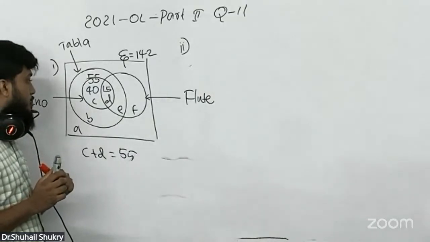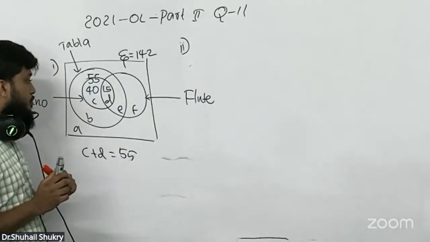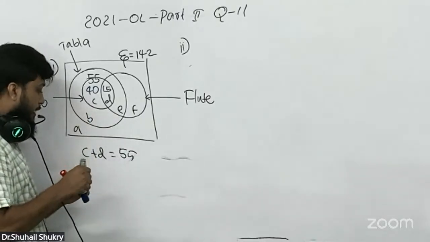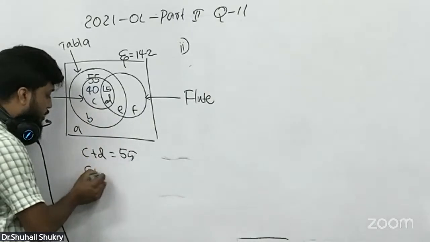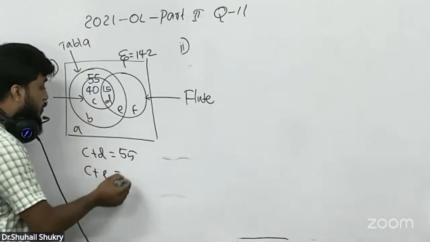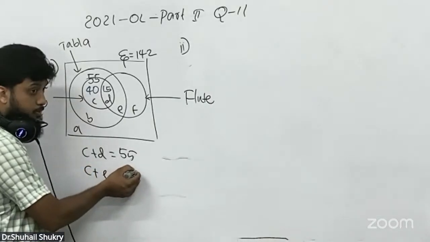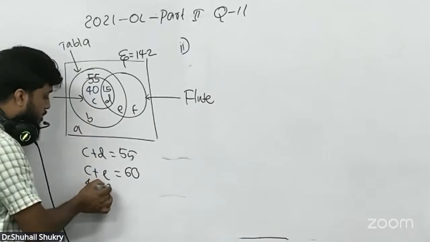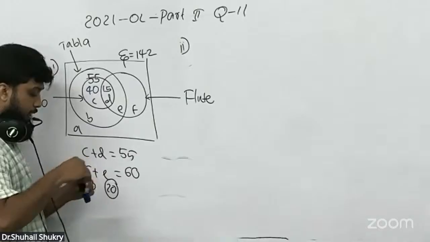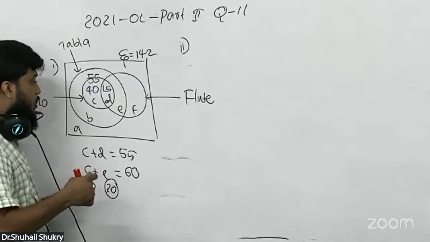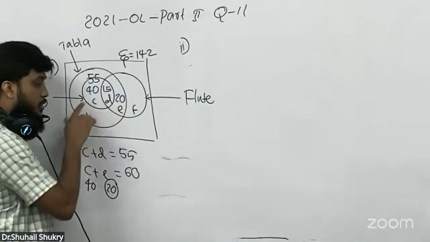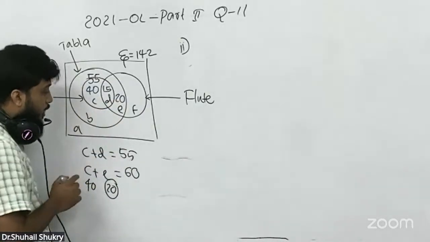What are the places where they can play only 2? C and E. Very good. I get a connection like this; I am writing these connections in a corner. C and E should be equal to 60. C is how much? 40. Then E is how much? 20. I can fill E here. We found that. I can put this information on the Venn diagram, but I can write 20 here.